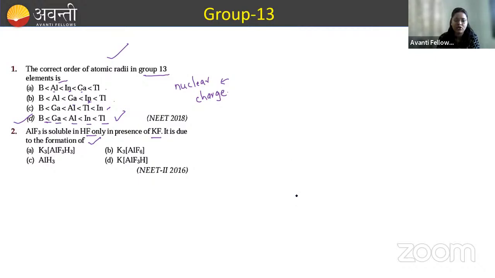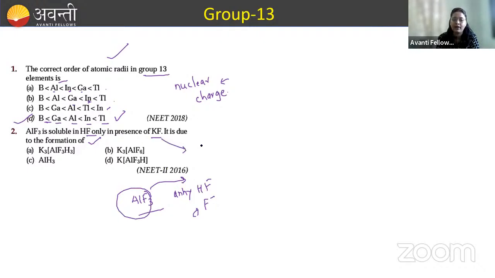See here, AlF3 is insoluble in anhydrous HF because the F minus ions are not available for hydrogen bonding with HF molecules. But it becomes soluble in presence of a little amount of KF.